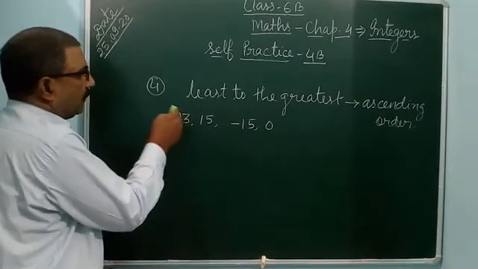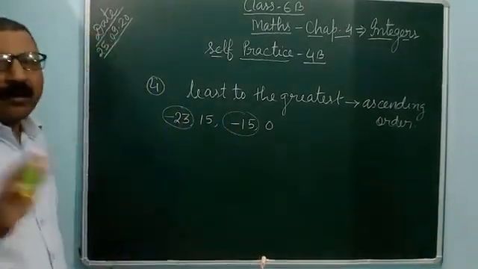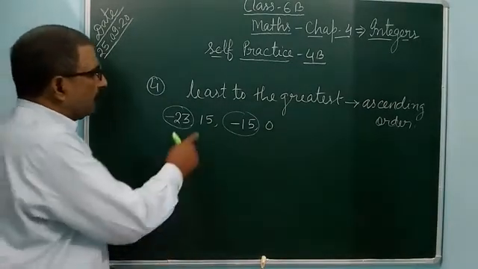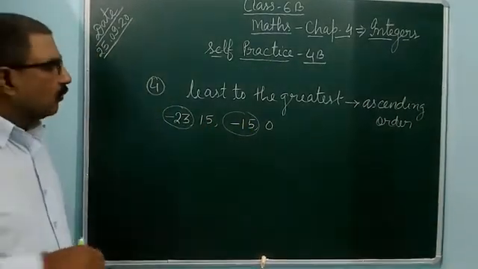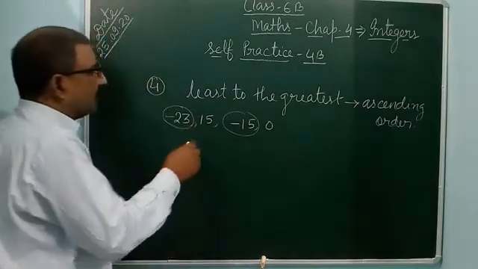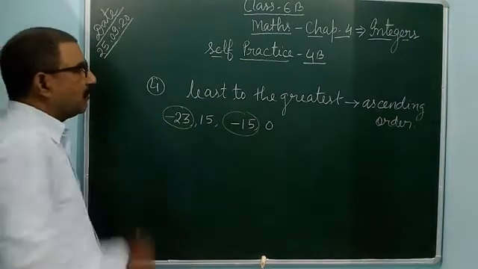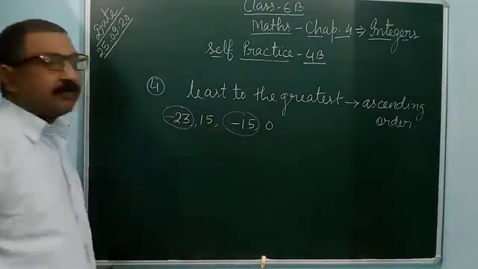So a minus integer is always less in value than 0 or a positive integer. So now in 15 and 0, which is greater? 15 is greater. And for the smaller, you see, minus 23 and minus 15.